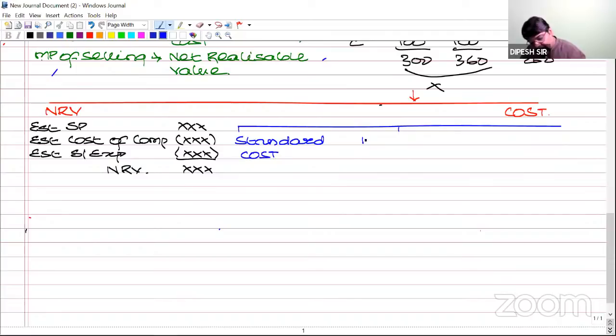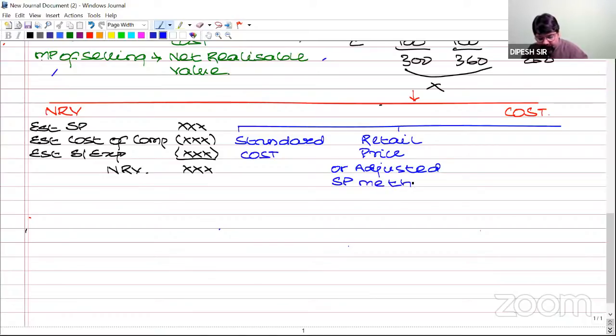Second is retail price or adjusted selling price method. And the third is actual cost.